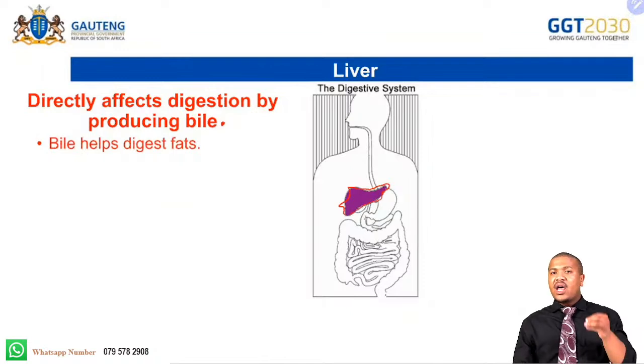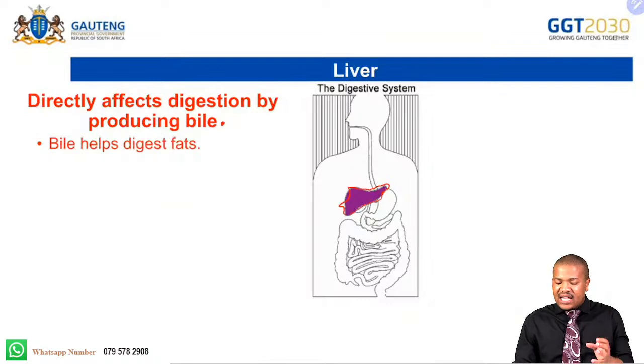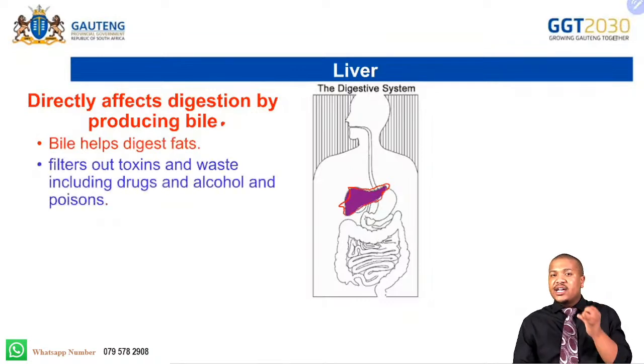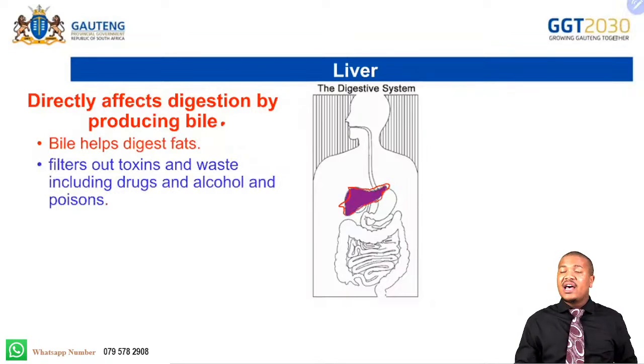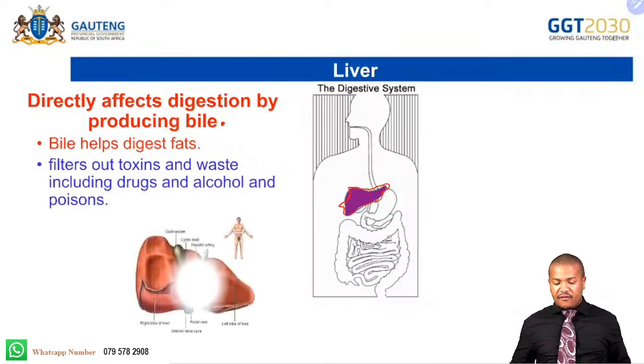Now, what is the function of this bile? The bile is there to help with the digestion of fats. And also the liver's function is to filter out toxins and waste products such as drugs, alcohol, and poisons. That is the main function of the liver.